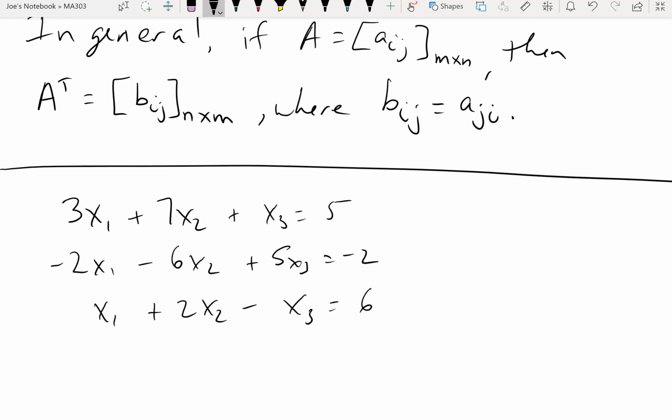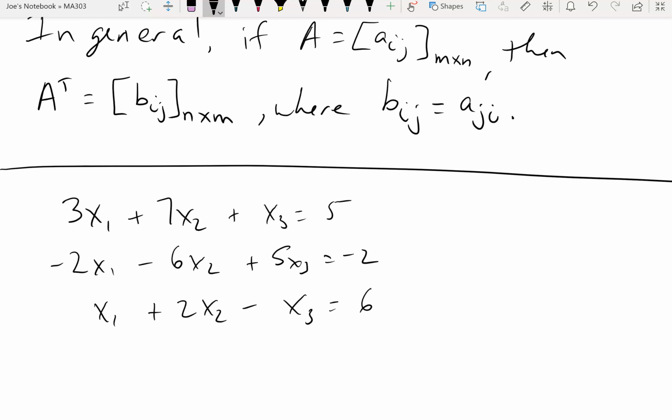And then the same thing happens in the second row, and the same thing happens in the third row. But x1, x2, x3 stays the same, and we're taking the 3, 7, 1 and matching it up with the x1, x2, x3. We're taking the -2, -6, 5 and matching it up with the x1, x2, x3. And the last one as well.